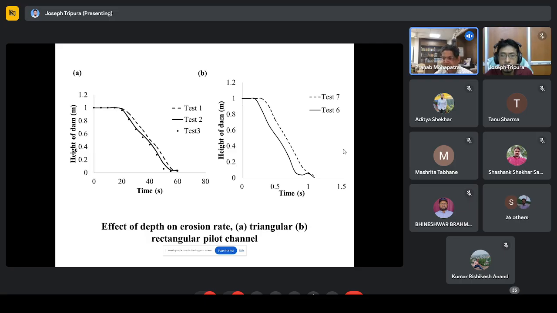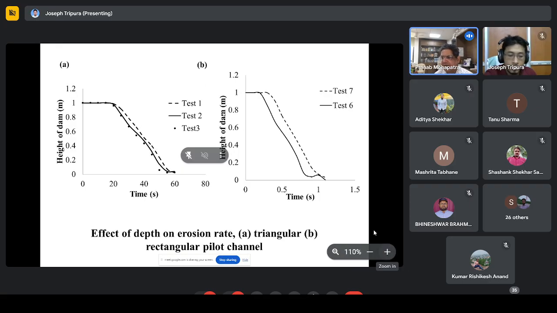So it all depends on how you compact your earthen dam and what the properties of the material used in the dam are. Now, this erosion rate will depend on the compaction and the soil material with its properties, but the flow will decide what the erosion rate will be. So, depending on the flow, what is the erosion rate?